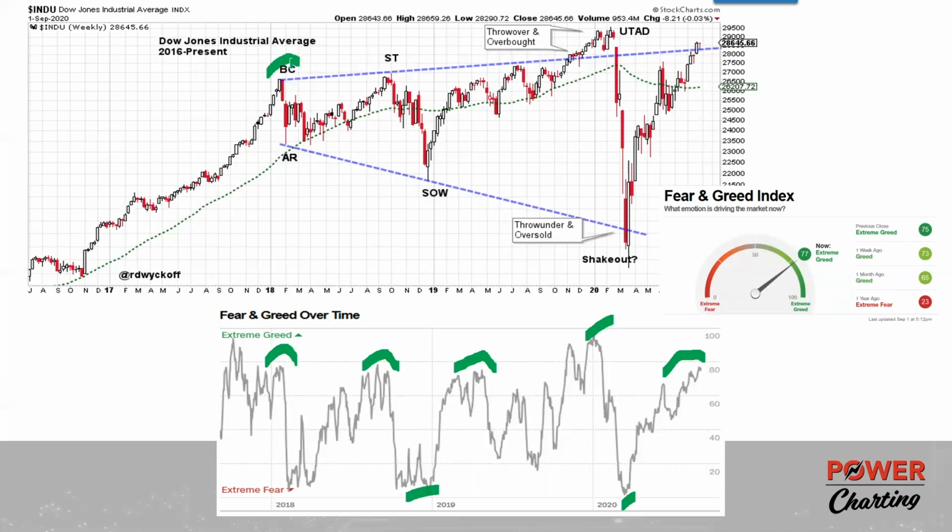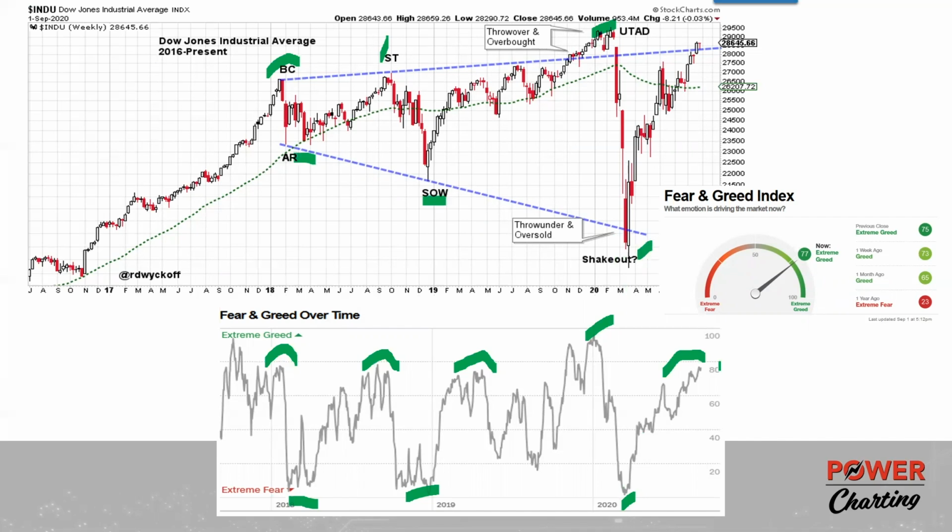The buying climax of January 2018, which started this huge trading range that we really still are in, at least in the case of the Dow and just above it in the S&P, was achieved at about a high 70s reading. Then we got up to around 94, I believe, at this upthrust action in January and February 2020, and then the extreme weakness at these important lows here, here, and here.